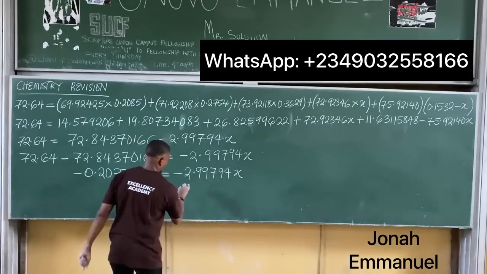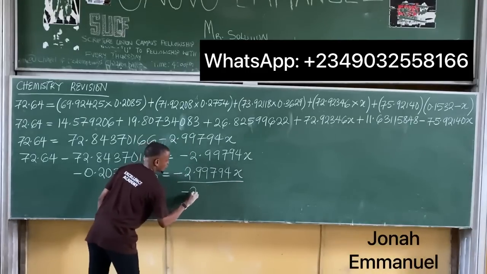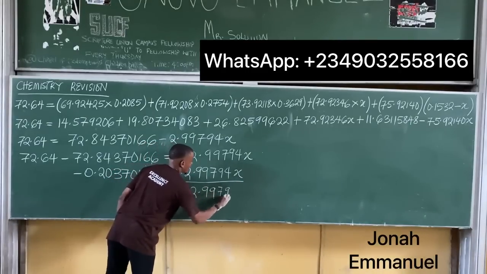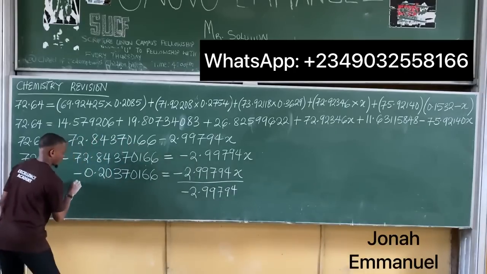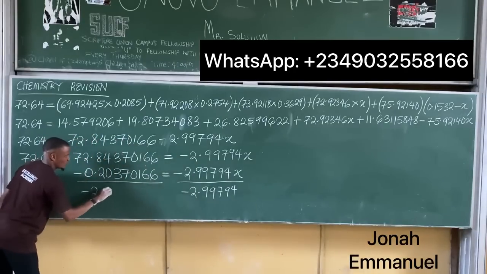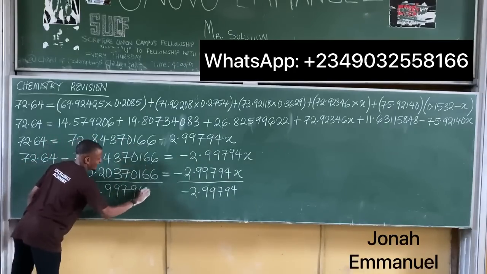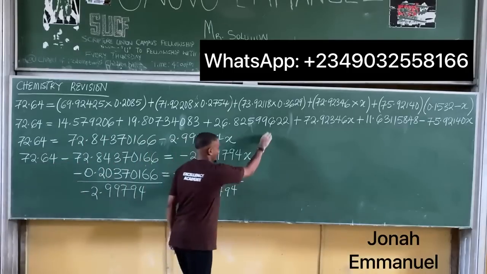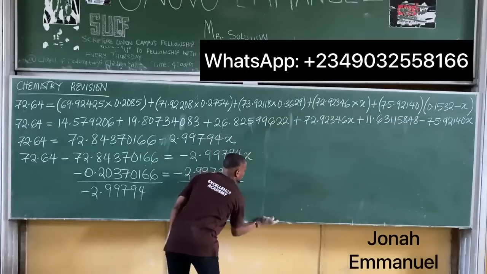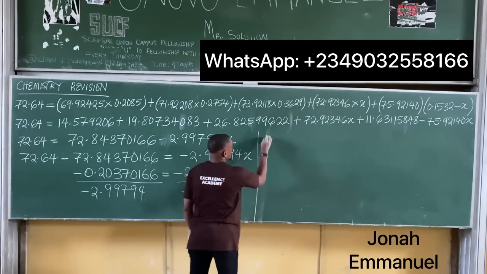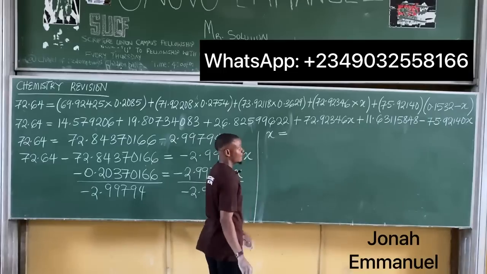To get x, divide here by minus 2.99794, divide here by minus 2.99794. So what's x, please? Give me x there. So x is equal to how many?